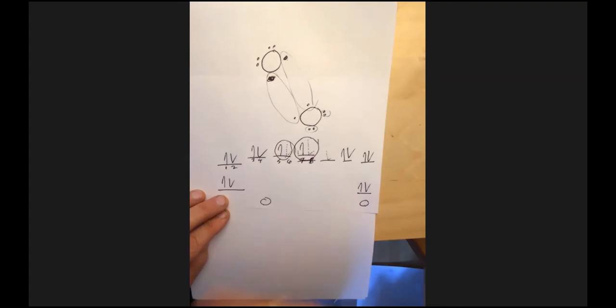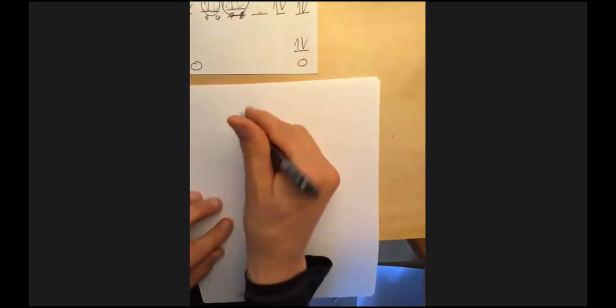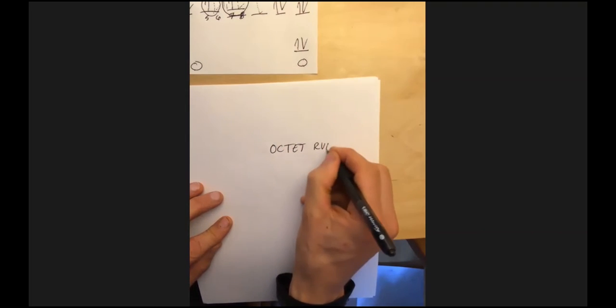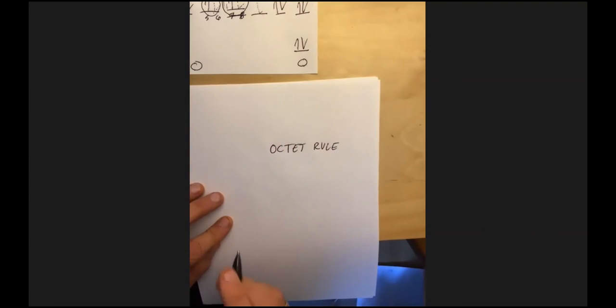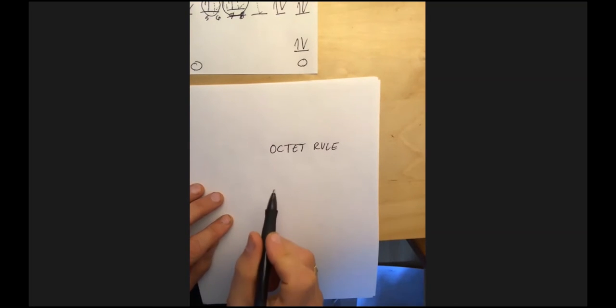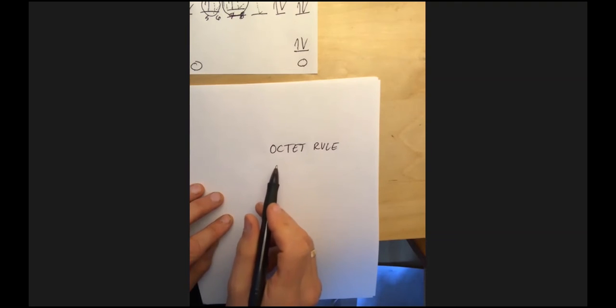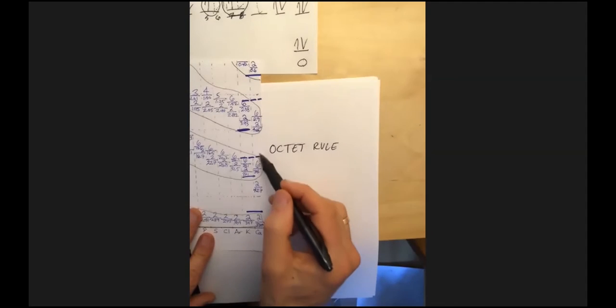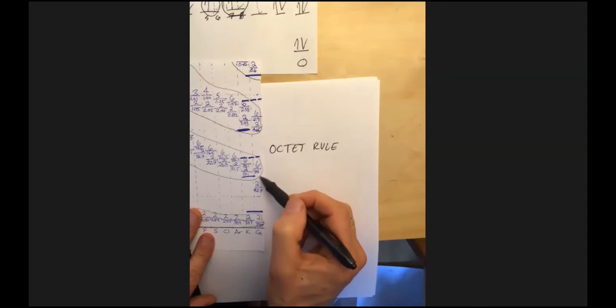And so in the text, in Cengage, you'll often see some reference to something called the octet rule. That's just a way of saying that when compounds form, many of the elements that we deal with will end up with 8 electrons in their outer energy shell. Just like we saw here, 8 electrons.